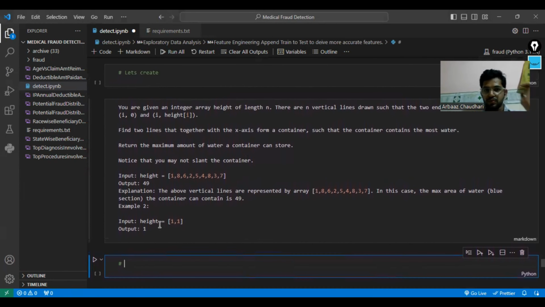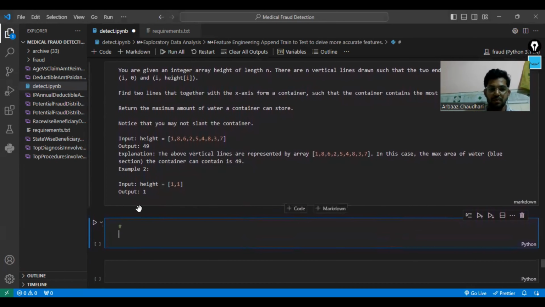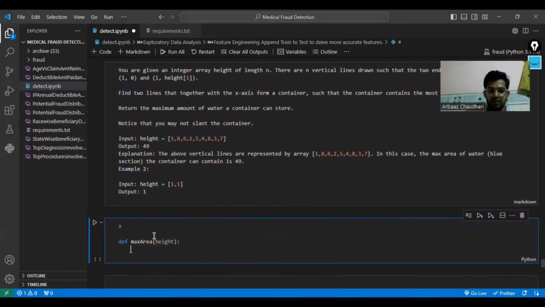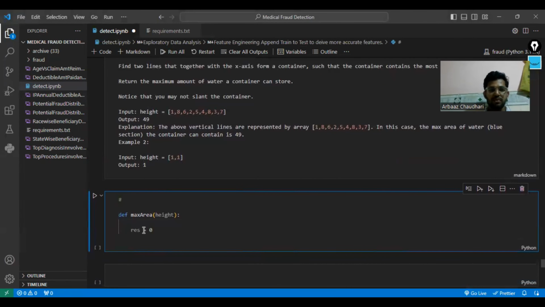First, define def max_area, the input will be height. And res will be 0, which we will be using to store the result. The maximum area will be stored in res.